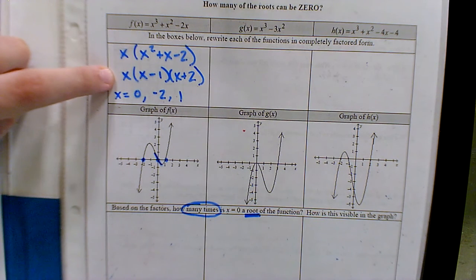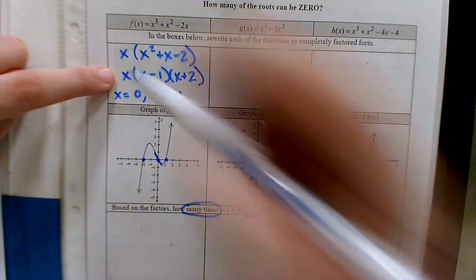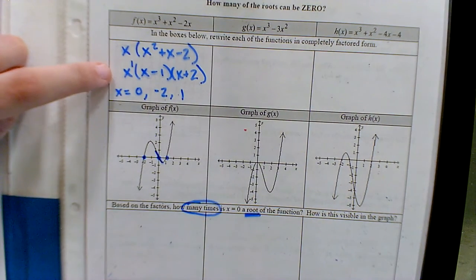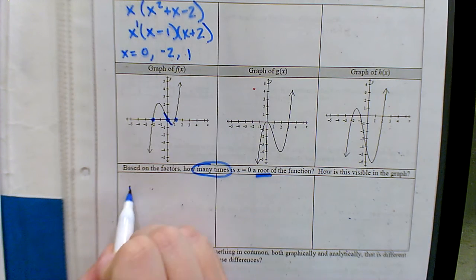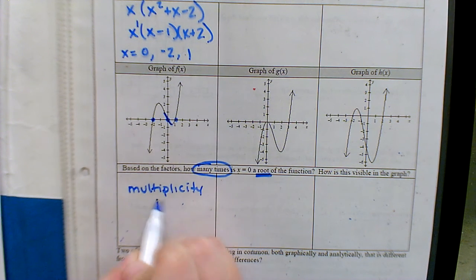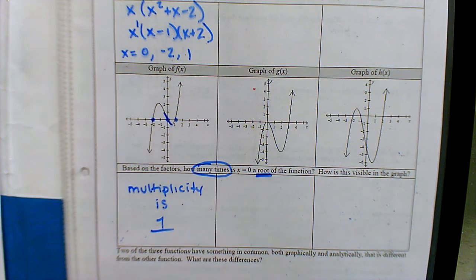How can you tell based off the factor that it shows up once? Where do the multiplicities show up in terms of the factors? Yeah. The degree or the power on that x that we pulled out is 1. So we'll say multiplicity is 1. It only shows up once.